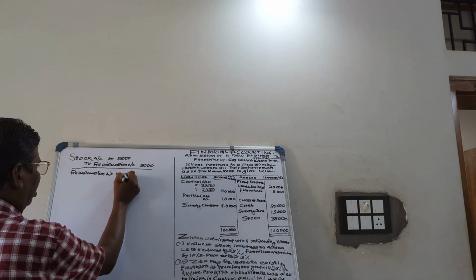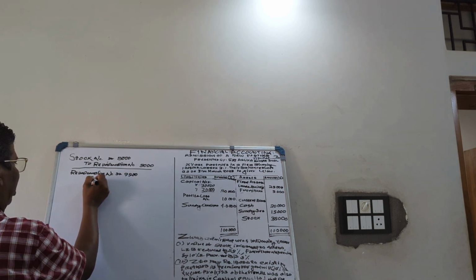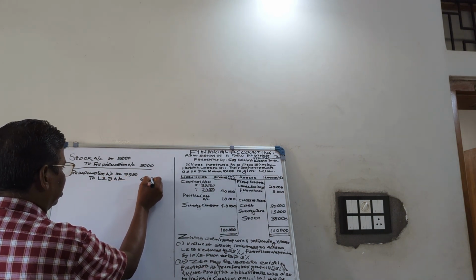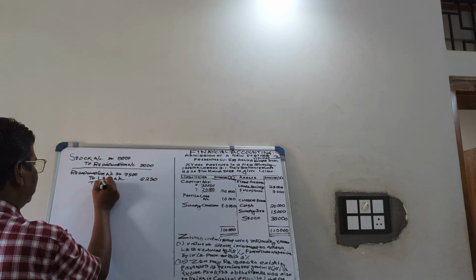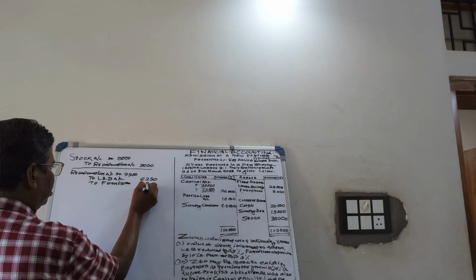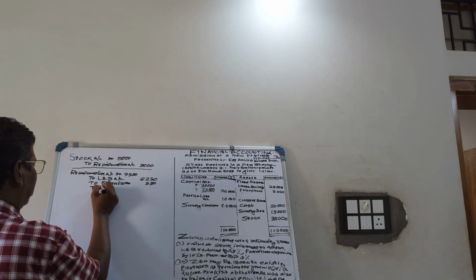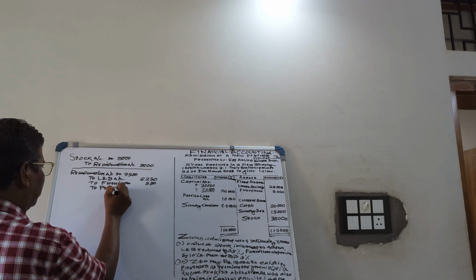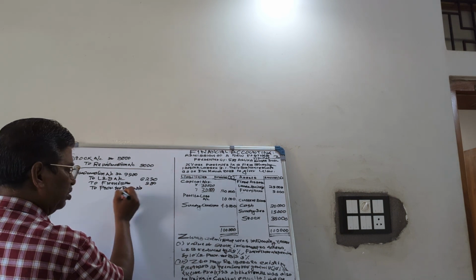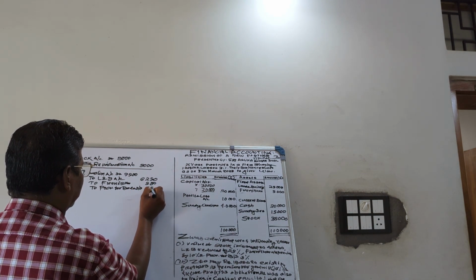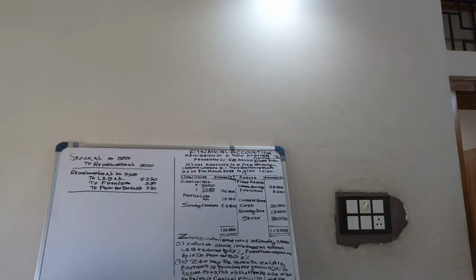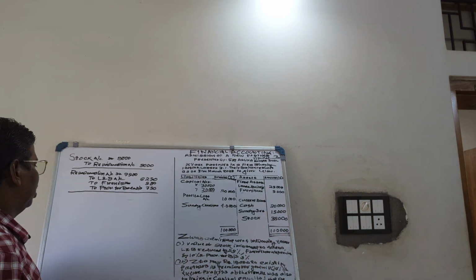So we write 7,500 to land and building account, that is 6,250, to furniture 500, to provision for bad and doubtful debt 750. So total comes to 7,500, being decrease in the value of assets credited to revaluation account.